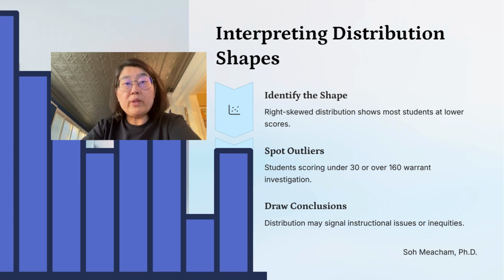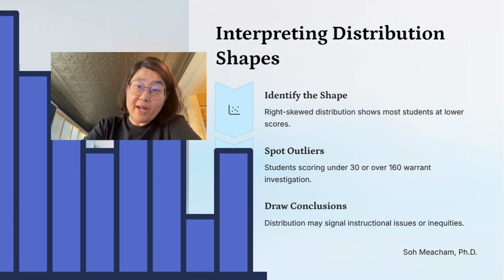The student with 160 WCPM may be an advanced reader, or maybe the teacher made a scoring error. The student scoring 25 might be a recent English learner or a student with an IEP. In qualitative terms, we might call this disconfirming data. It challenges the dominant narrative and raises new questions.